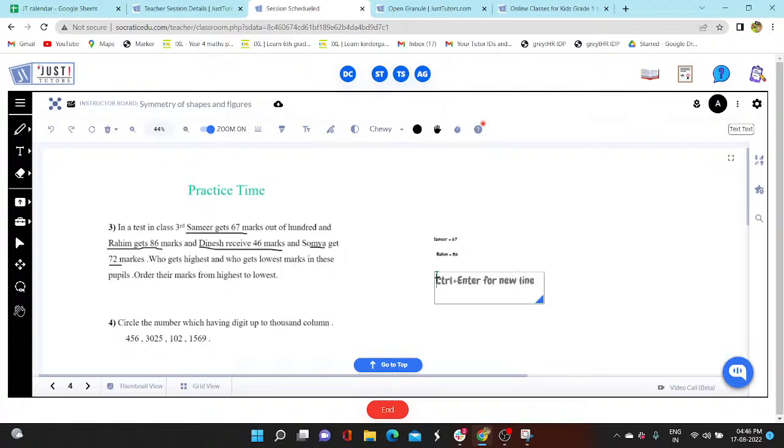Then we have Dinesh, who has got 46, and at last we have Soumya, she has got 72 marks.